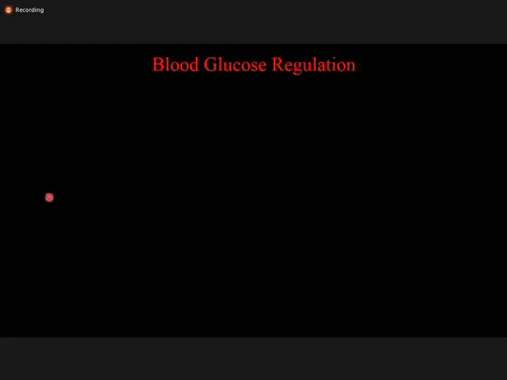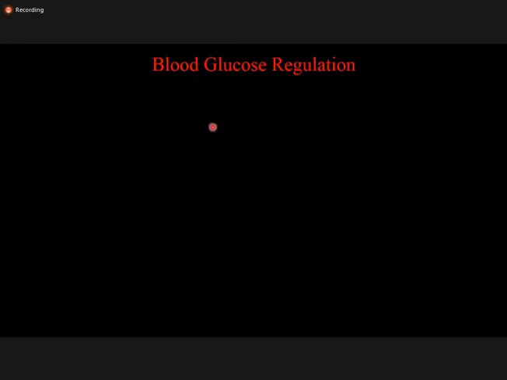Now, the blood glucose regulation. When we talk about blood glucose regulation, it is regulated by certain factors. There is a balance between factors that increase the blood glucose concentration and factors that decrease the blood glucose concentration.